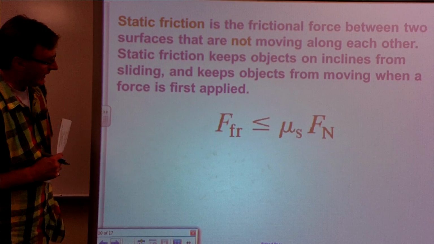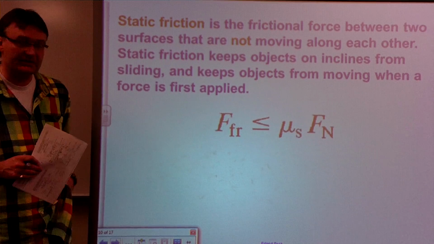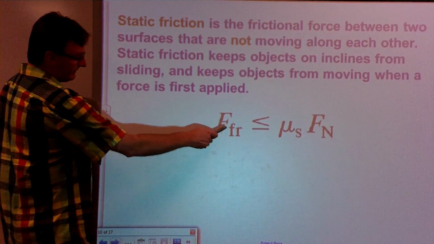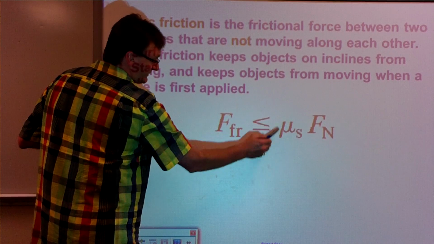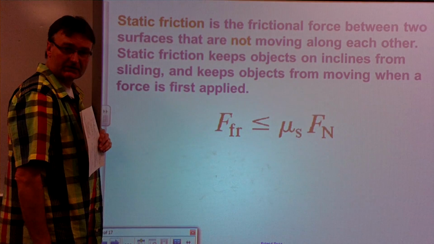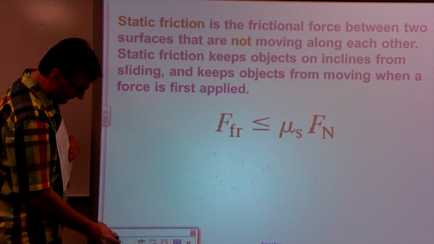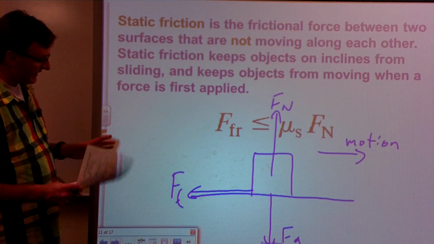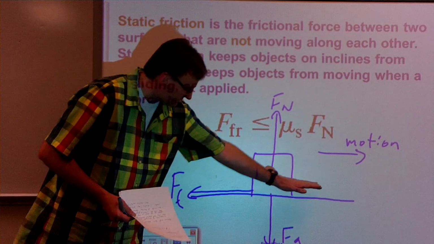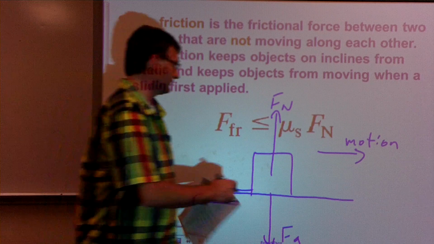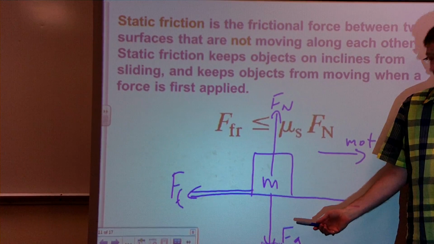So the formula for static friction is given like this. The friction force is going to be some coefficient times the normal force. Okay, well, how does that work? Well, imagine we have an object sitting on a surface. It has a certain mass to it, and it has a force of gravity on it.